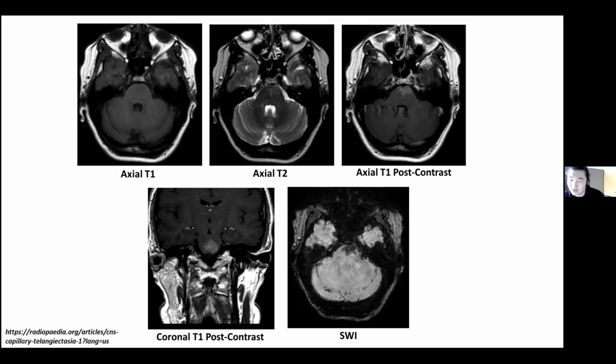But more often you can see T1 post-contrast changes. You'll see enhancement, particularly if it's a larger capillary telangiectasia. And sometimes you can even see a branching linear draining vein. On T2 star weighted imaging, a blood sensitive sequence like an SWI, as in the case here, you can see low signal there because of the sluggish flow going through these abnormal channels.